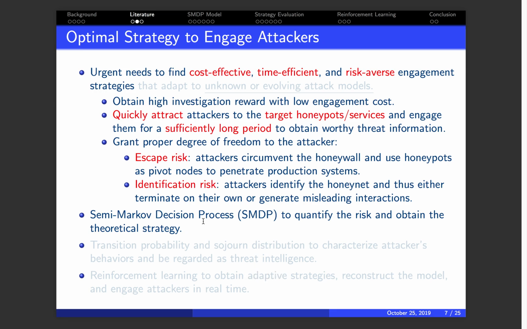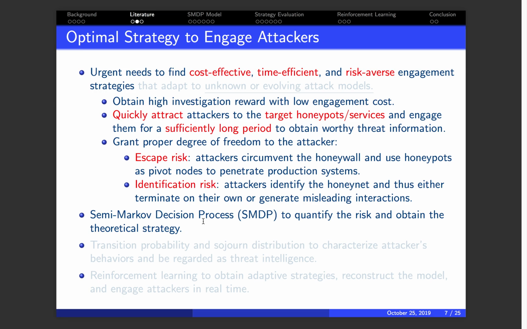In this work, we try to fill the gap in previous work, as we found an urgent need for engagement strategies that are cost effective, time efficient, and risk averse. Cost effective means we want to obtain a high investigation reward with low engagement cost. Time efficient means the defender wants to quickly attract attackers to the target honeypots and engage them for a sufficiently long period to gain valuable threat information.